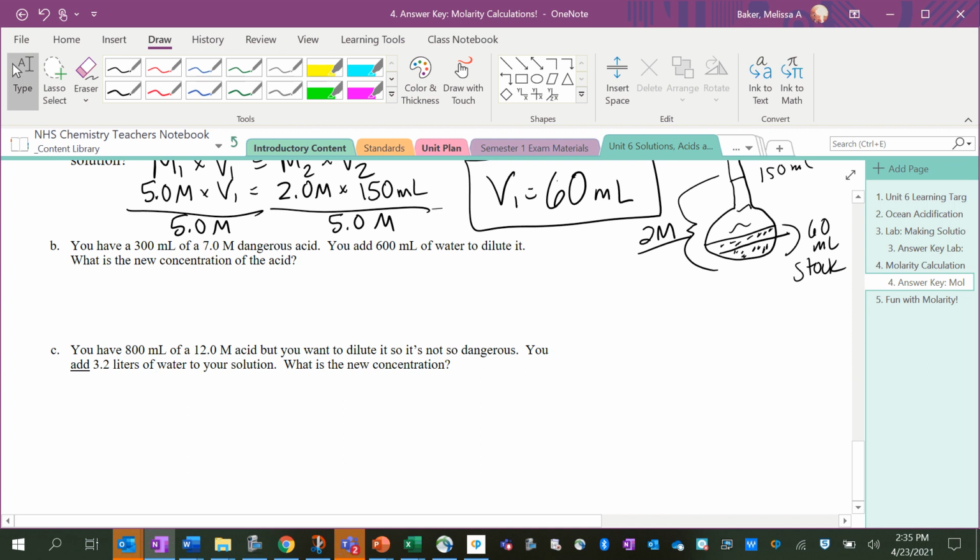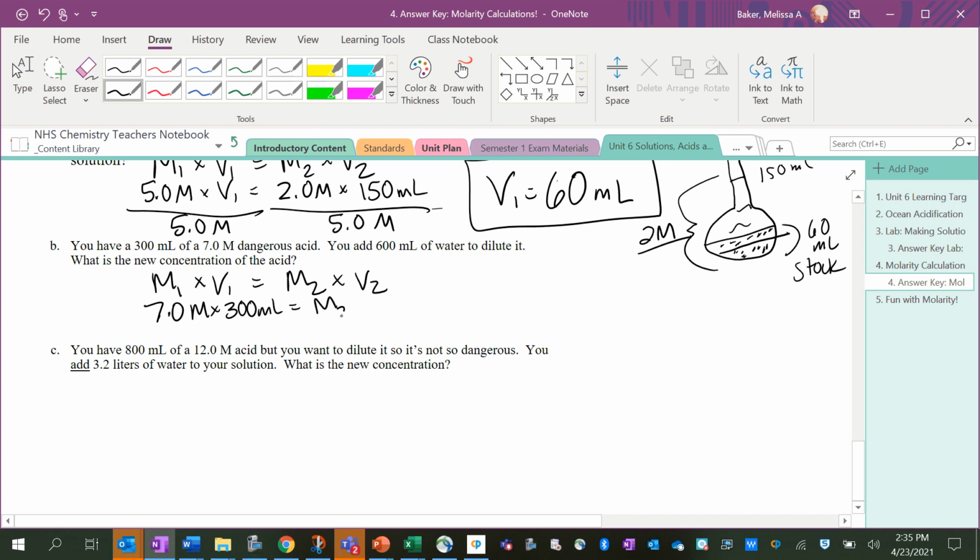Okay, how about this? You've got 300 milliliters of a 7 molar dangerous acid. You add 600 milliliters to dilute it. What's the new concentration? A couple ways you can solve this problem, but I'm going to use the dilution equation since it is getting diluted. It starts with a molarity of 7 molar, and it's 300 milliliters of it.